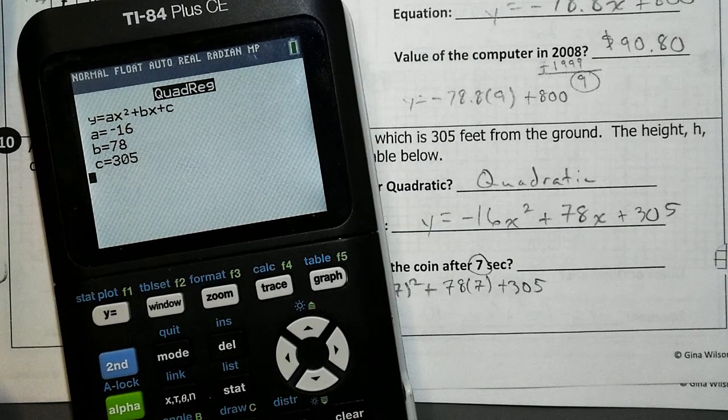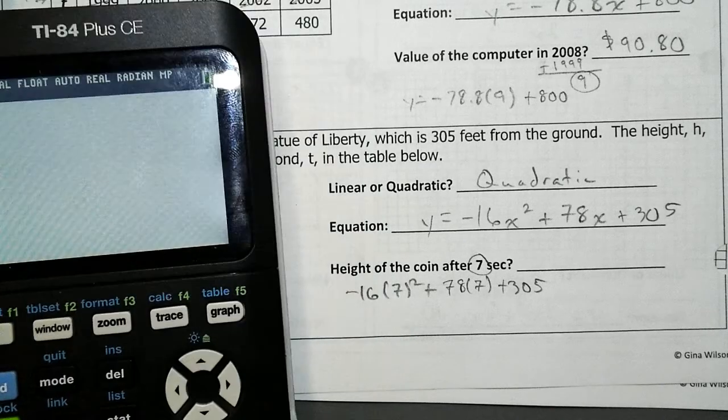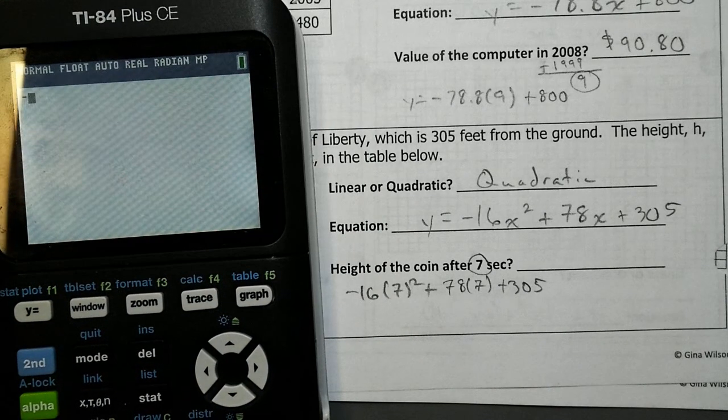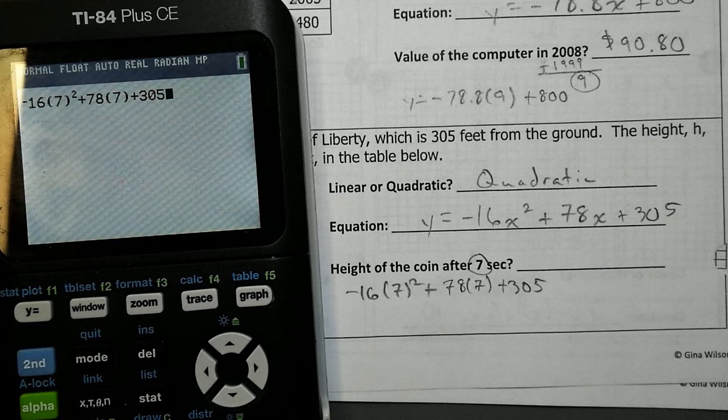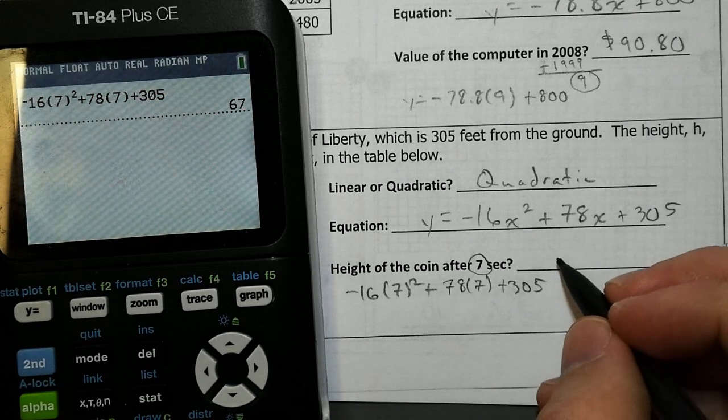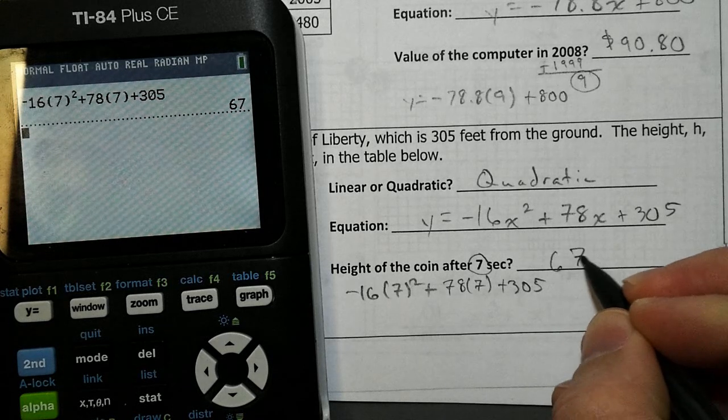Now, exit out of that menu and just type it in exactly as we wrote it. Negative 16 parentheses 7 squared plus 78 times 7 plus 305. And I got 67. So it will be at 67 feet.